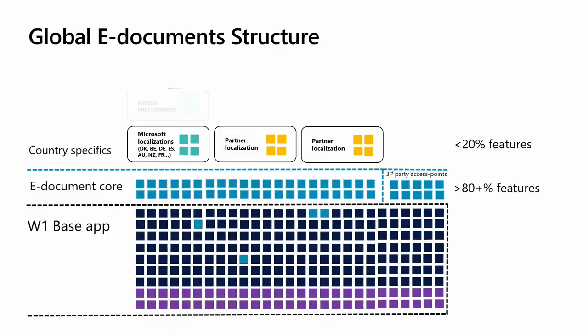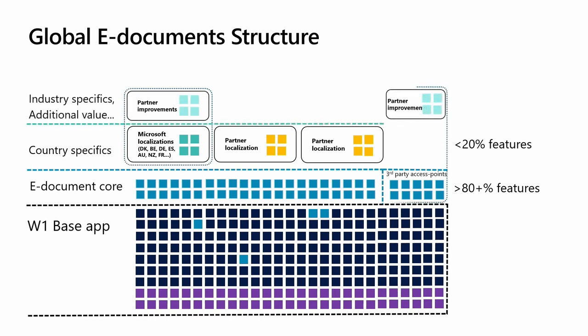Sometimes you want to extend a Microsoft localization, for example in Denmark or Belgium, and you can add specific industry solutions on top, maybe some additional documents. Even if you are an ISV or a service provider, you can enable additional documents in these third-party access points. Maybe you will enable exchange of quotes or orders. We have a good framework and deliver the basic functionality for invoices, but now you can build more if you need.